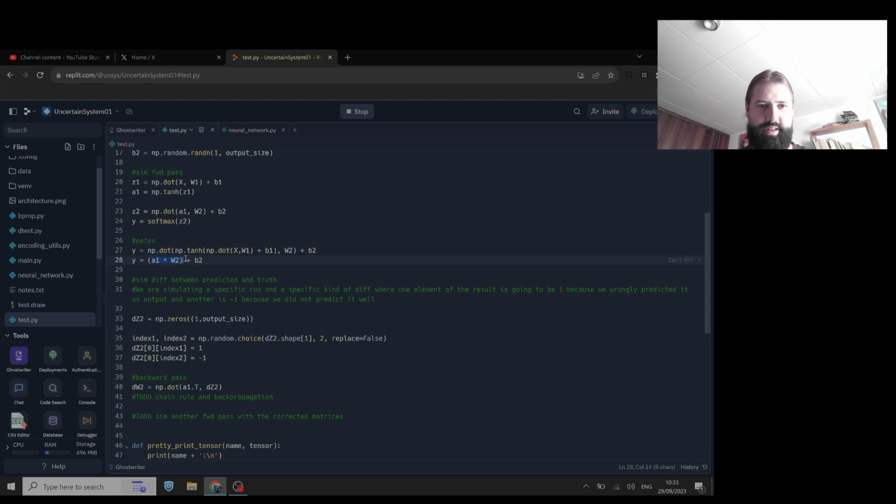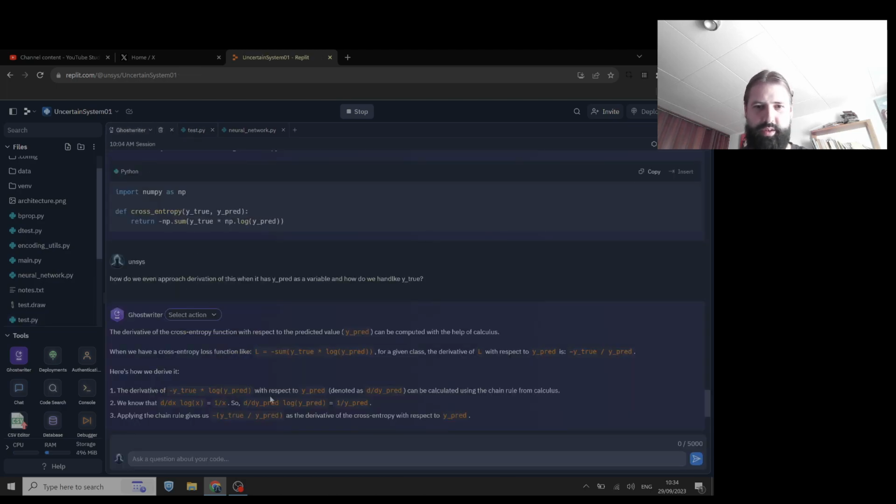Then our loss function is cross-entropy loss.